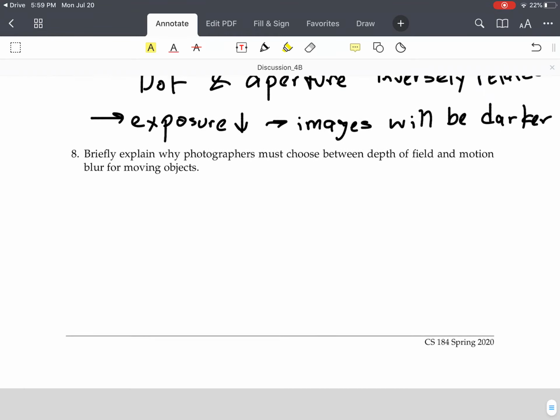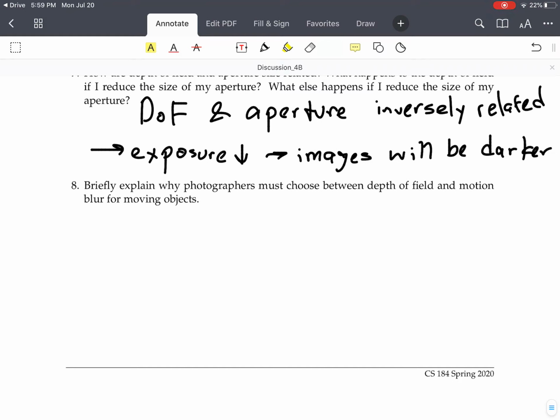Okay, so, last question. Briefly explain why photographers must choose between depth of field and motion blur for moving objects. Okay, so this is kind of putting together a lot of the ideas we talked about in the last few questions all into one. And so let's talk about this.